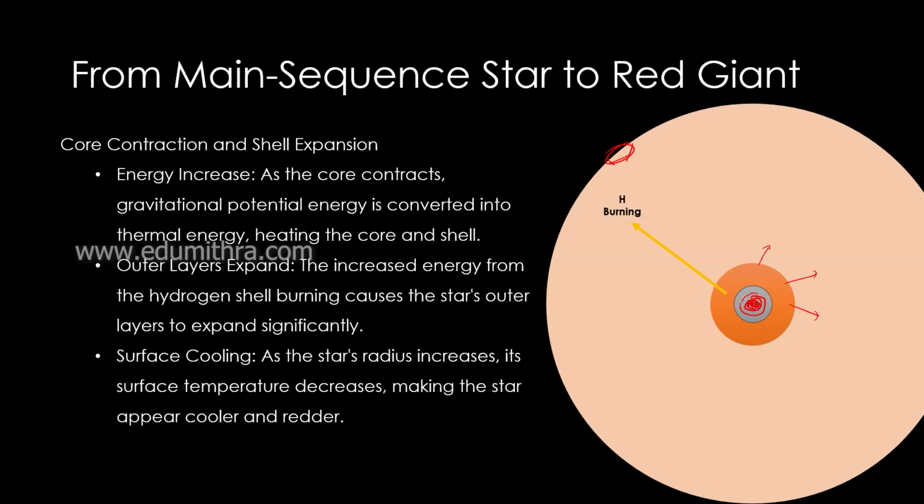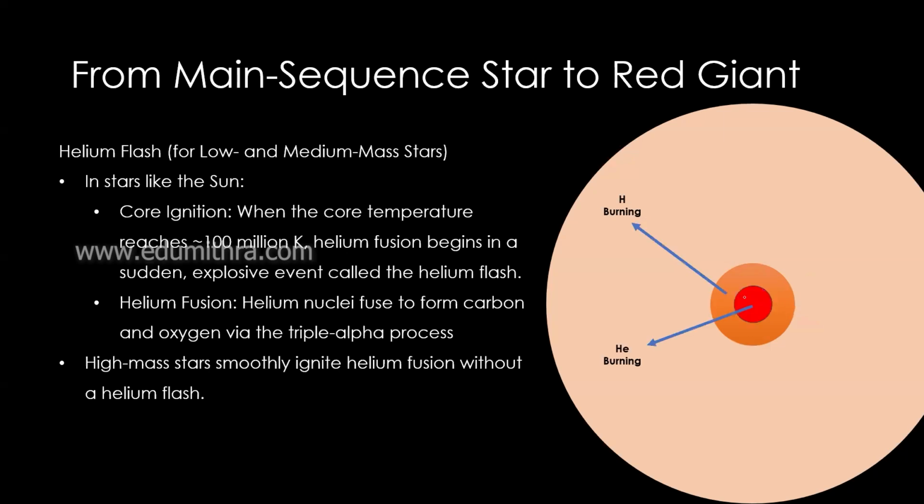When it compresses, again the temperature of the helium will increase. Why is it not happening suddenly at the initial stage? Why can't we burn helium directly? The problem is that for helium to burn and become other elements like carbon or oxygen, it needs some 100 million Kelvin. This will happen only when the core contracts and its temperature becomes 100 million Kelvin.